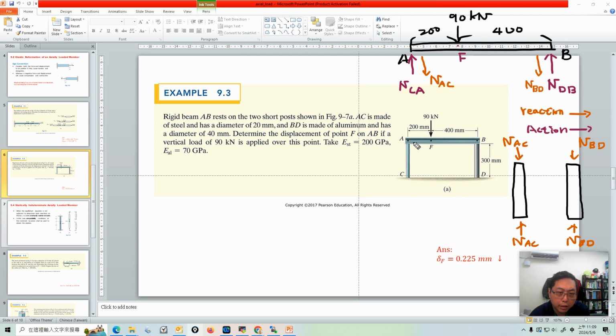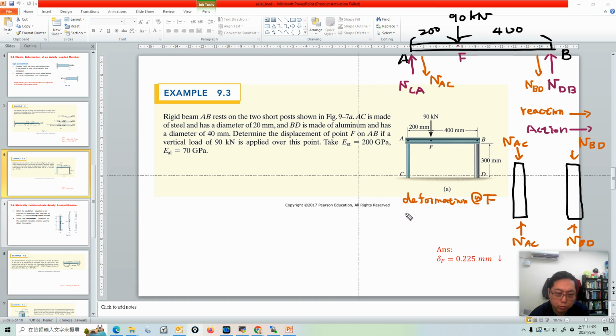And these three members are connected together. So how to describe the deformation at F?